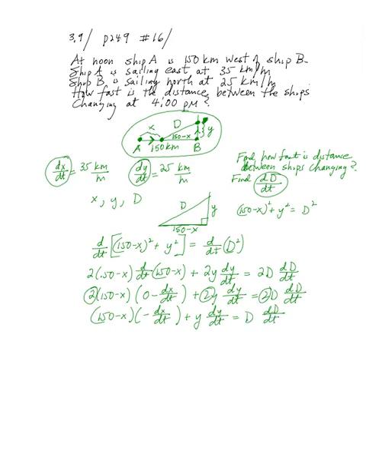Okay, so I don't know x, y, and d. If you look back at the problem, we don't know x, y, and d without doing a little work. We can figure that out in a minute. But what do we know right off the bat? dx/dt is 35 kilometers per hour. dy/dt is 25 kilometers per hour.